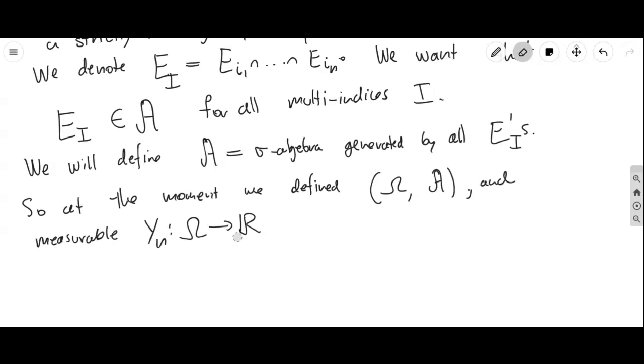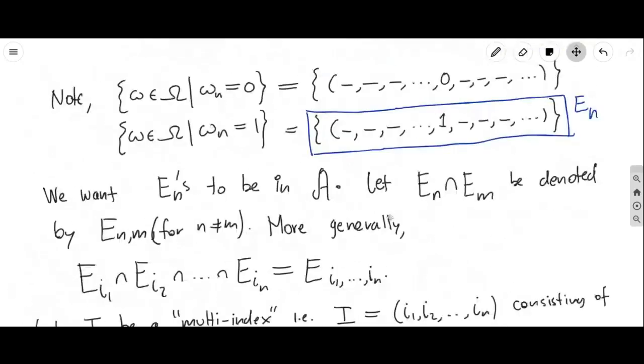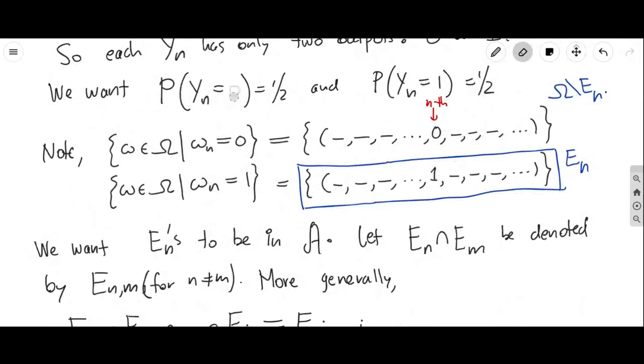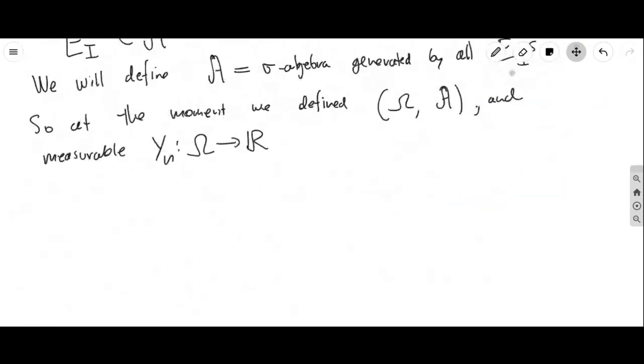By measurable, we just mean they're random variables, that if you take something in here and you pull it back, it's going to be an event. And the reason is very simple, because every one of these Y_n's is a projection function. They only have two possible outputs. So you just have to pull back those two possible outputs and see if they end up in the sigma algebra, which they have to, because the whole motivation for doing that is that we want these to be random variables. We want them to be measurable. So when you pull these back, they have to give you something in the sigma algebra. So by construction, they're going to be measurable.